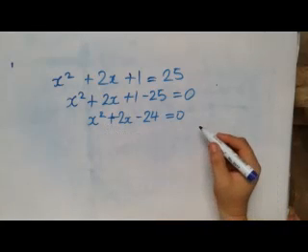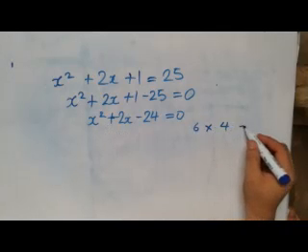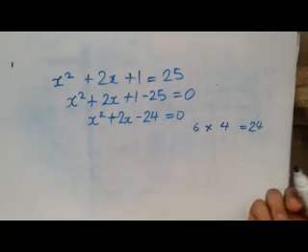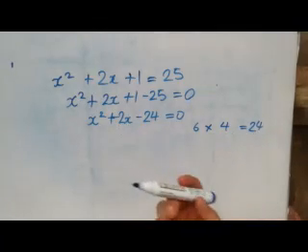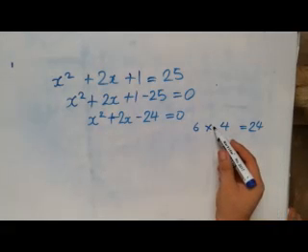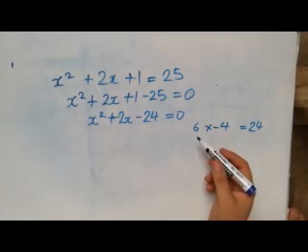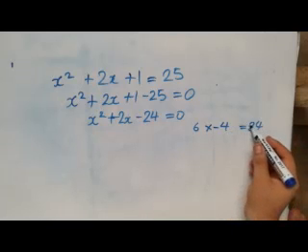When we do 6 times 4, we'll get 24. You also notice that the difference between 6 and 4 is 2. So when we have minus 4, it will enable us to have 6 times minus 4 become minus 24.